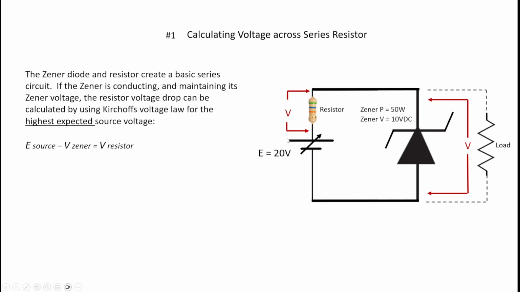So let's say we expect the highest source voltage to be 20 volts. Then what we're going to do is take that 20 volts, subtract the Zener rated voltage, and that should give me the voltage across the resistor, and that would be 10 volts. So there we have 10 volts. Now notice I've also got 10 volts listed here across my Zener diode.